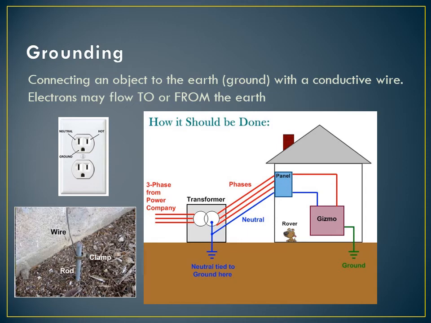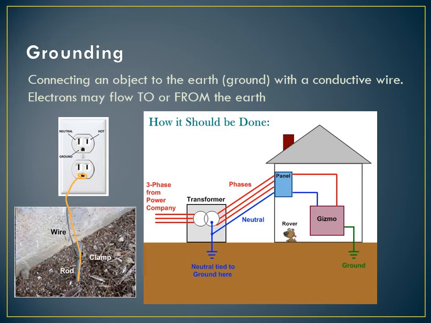The word grounding refers to connecting an object to the earth, the ground, like literally taking a wire from your house, as it's shown here. And this bottom little hole, if you've ever wondered about that from your electric socket, is called the ground hole. There's a wire connected to that that just goes out to your house and into a rod into the ground.